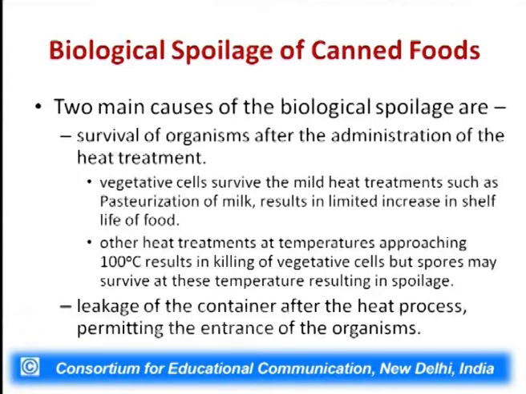These include survival of organisms after the administration of the heat treatment. If we are giving a heat treatment to the food present in a can, and if that treatment is not adequate, then cells or spores may survive, and if opportunity is there, they will grow and cause spoilage of food.